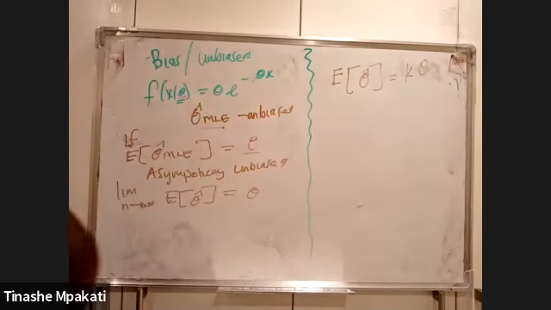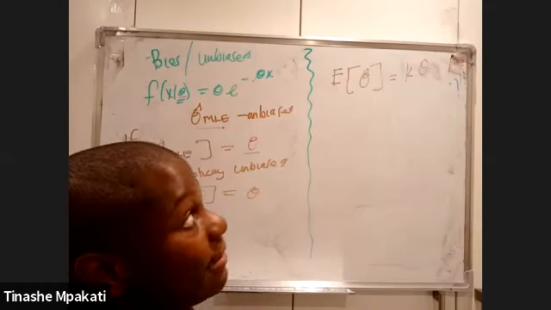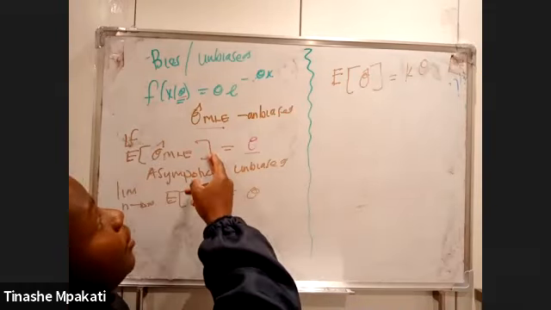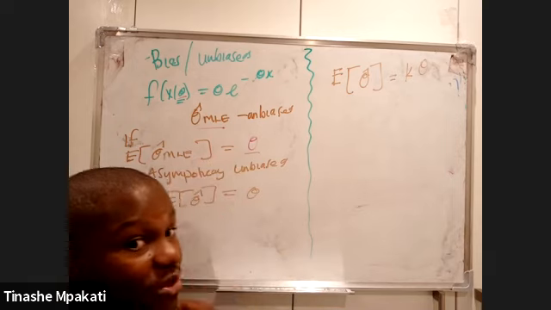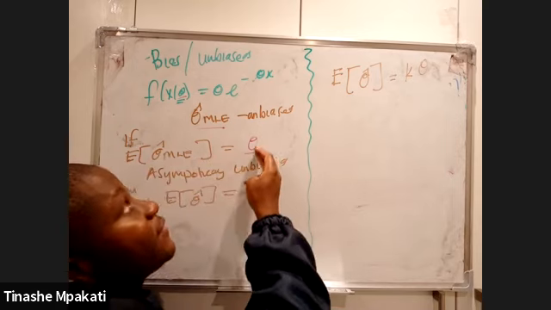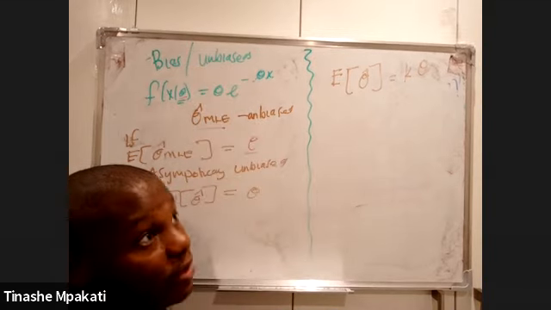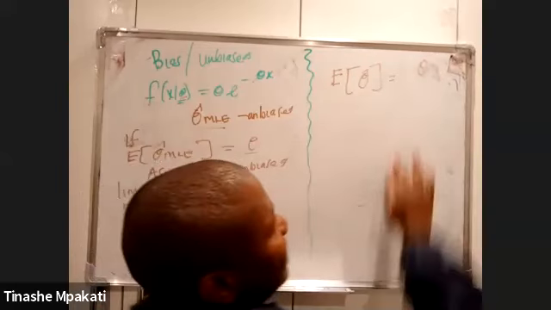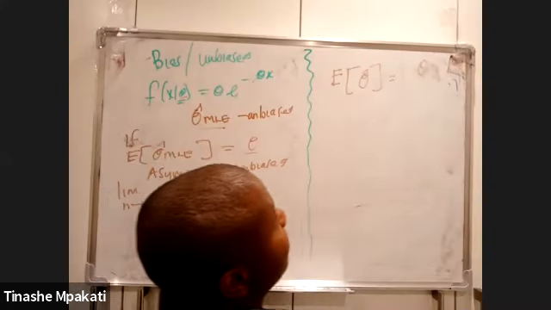This can happen, that a question asks you to check if the estimate is unbiased or biased. You take the route we said: take the expectation of that estimate and see if it gives you the parameter of interest of your distribution.